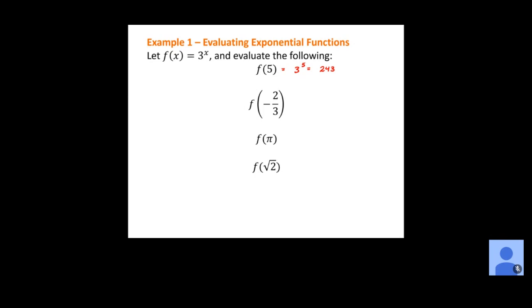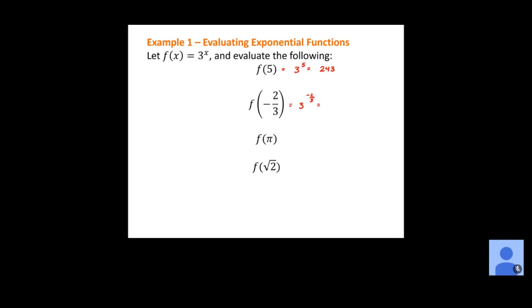Okay, now f of negative 2/3. We're going to do the same thing. We're going to take the base of 3 and we're going to raise it to the negative 2/3 power. Now be careful this time. Make sure that the negative 2/3 is in your exponent. So some calculators, you move everything into the exponent so you can easily see that it is. Other calculators won't, and so you need to make sure you put parentheses around the exponent to make sure it's all grouped together.